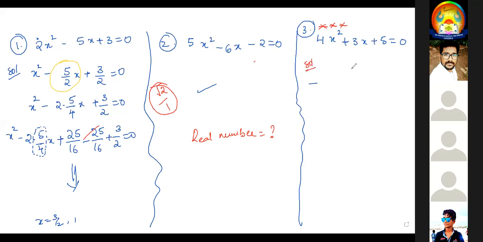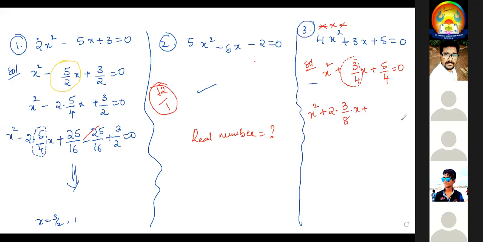Solution. Actually with 4 we can do it, but I don't want to do it like that, therefore I'm writing it as x square plus 3 by 4 into x plus 5 by 4 equal to 0. And here you want to make 2 as a factor. So 2 into 3 by 8 into x plus, what you can add, 9 by 64.